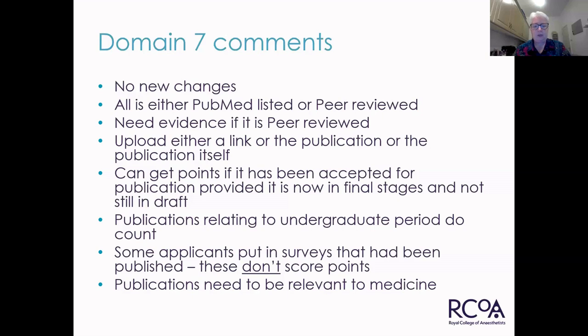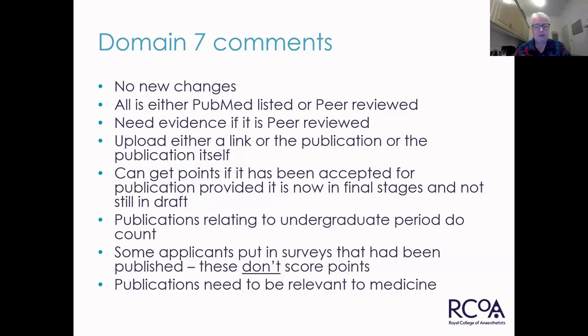We know that it takes quite a long time now from doing your publication and submitting it, and perhaps having to have it sent back and make some amendments. So you can still get points if your publication hasn't been published yet, but it's been accepted, provided it's now in the final stage and it's not still in draft.